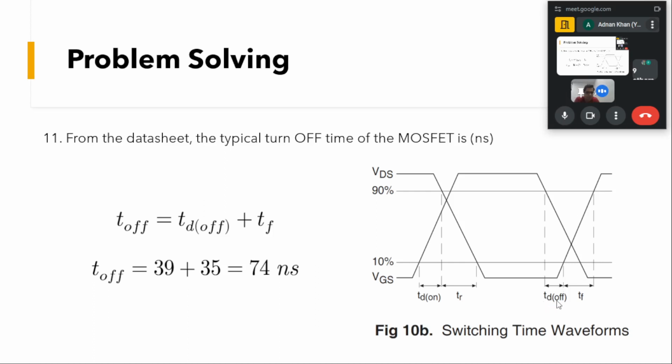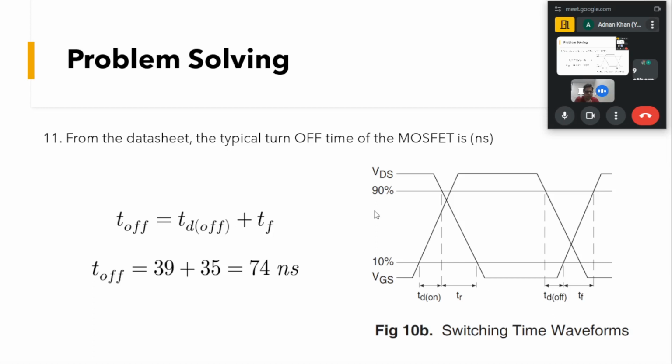We have a delay time TD off during the charging time of the gate capacitors, and after that there is a fall time TF. Our total T off will be equal to TD off plus TF.